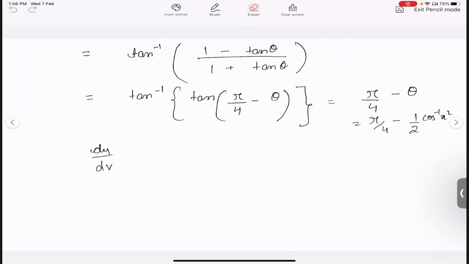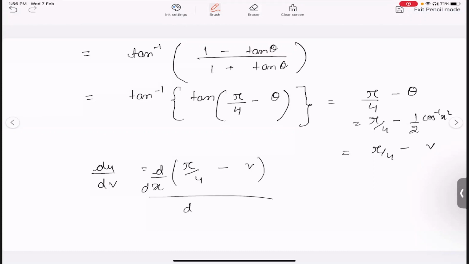So whatever the derivative is, u can be written as pi by 4 minus v by 2. So du by dv will be equal to d by dx of this thing by dv by dx. d by dx of pi by 4 will become 0.